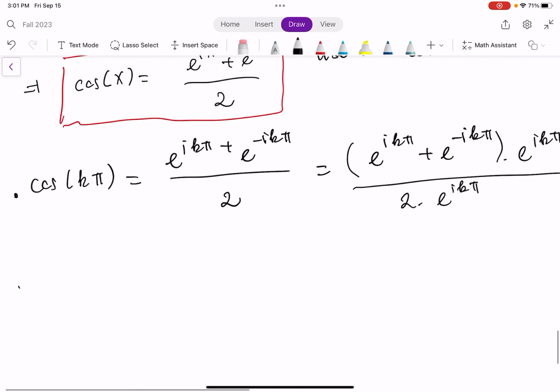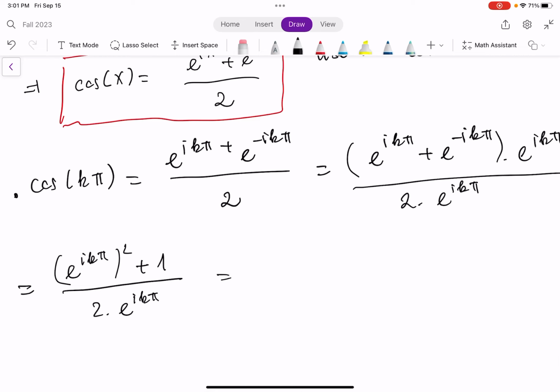And if you work it out, you should get e to the power i k pi squared plus 1 over 2 times e to the power i k pi, equal to e to the power of i 2k pi plus 1 over 2 times e to the power i k pi. Right? Okay, you are here. What are you going to do next? Let's see.